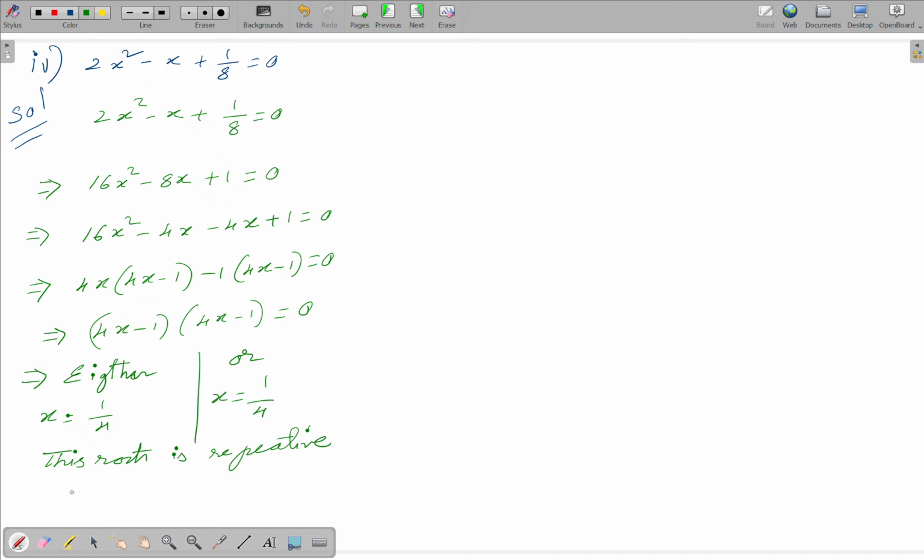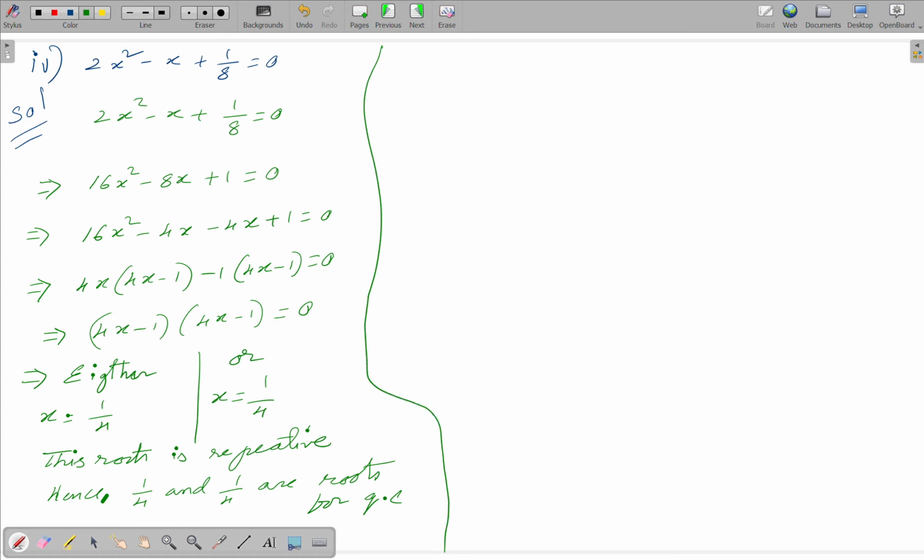Hence 1 by 4 and 1 by 4 are the roots for the quadratic equation.